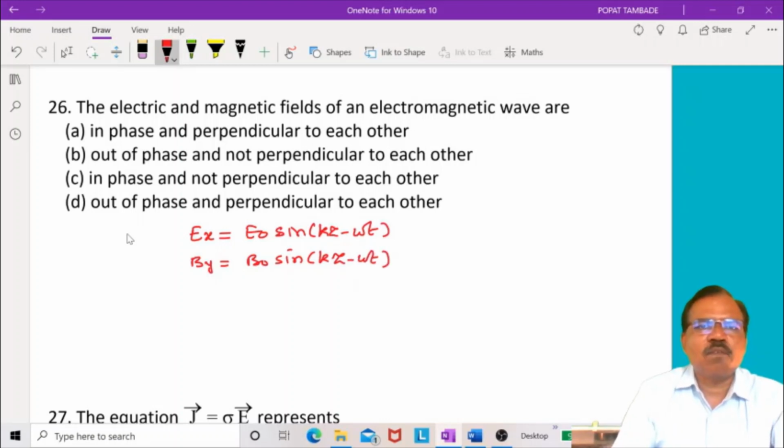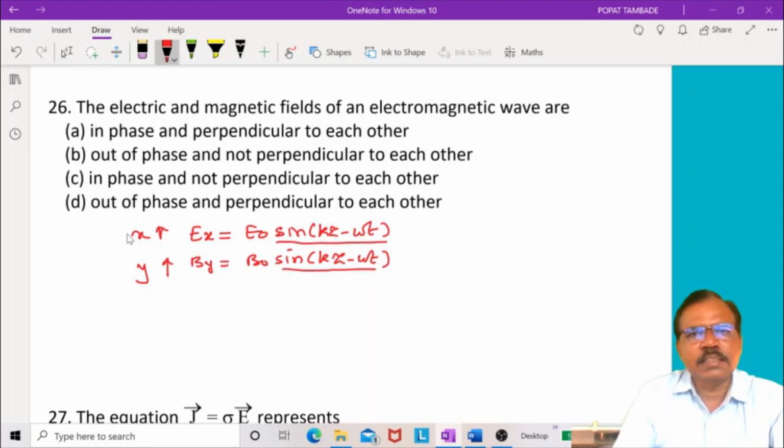So this is along x-axis, this is along y-axis. So they are perpendicular. And if we see this wave equation, sin kz minus omega t, sin kz minus omega t, they are in phase. Phase is same. So in phase and perpendicular to each other.